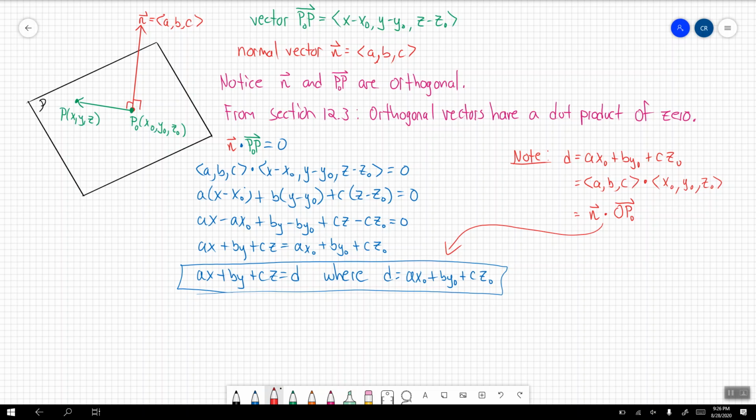Since you're watching these videos, that means you're probably taking my class, which means when I ask you to find the equation of a plane, and you're able to extract, number one, a normal vector, number two, a point on that plane, then to build the equation of the plane, all we really need is A, B, and C, in other words, normal vector components, and we need to know the point on the plane, but we can convert that point on the plane into vector form.